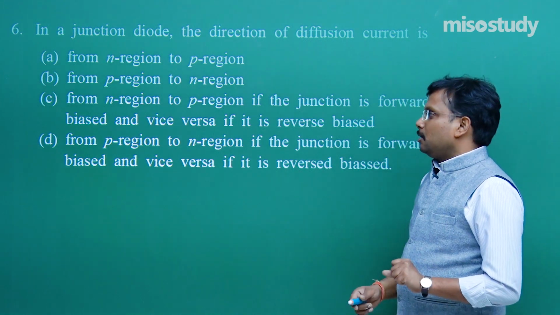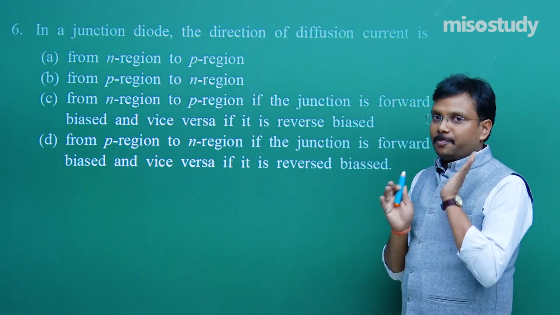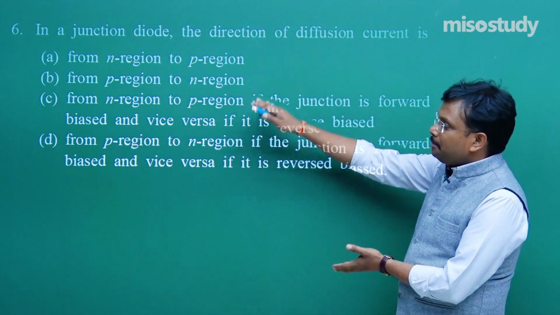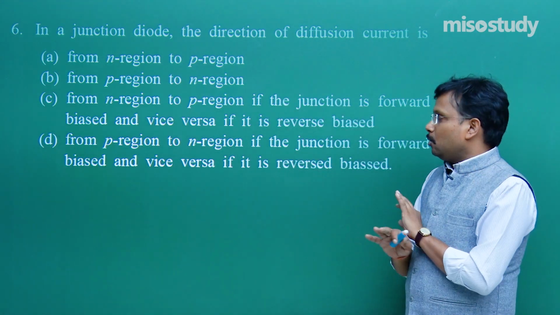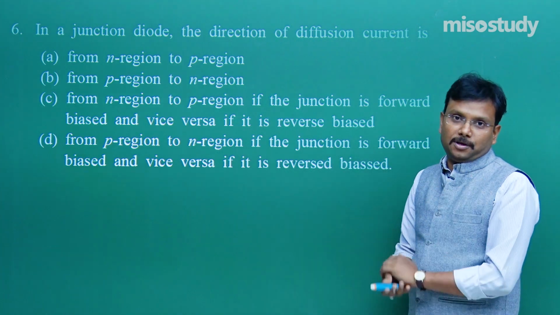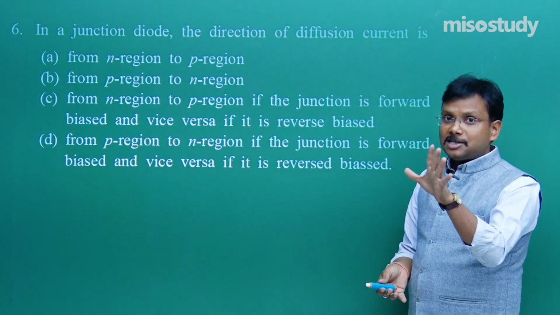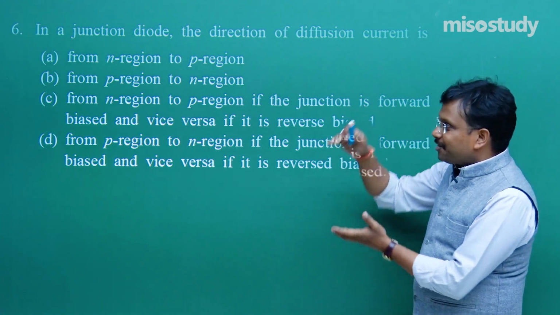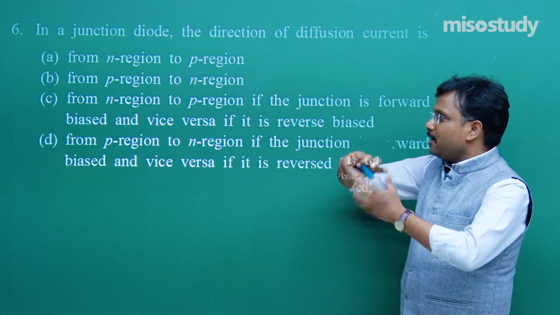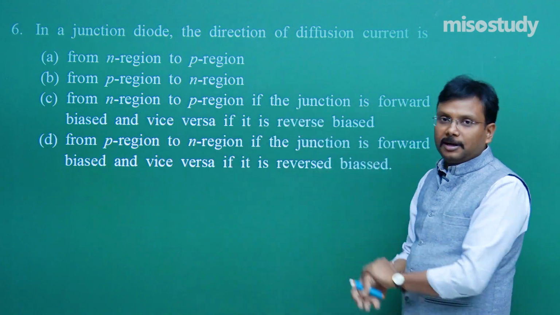Now, please try to understand one aspect. Maximum number of students will find this question so confusing. Even till the last moment they will not be able to mark it properly, because the same statement is twisted hence and forth and then represented.